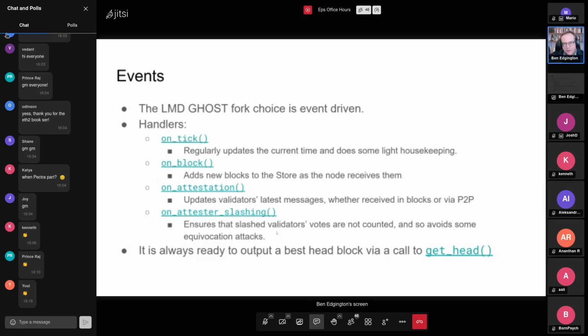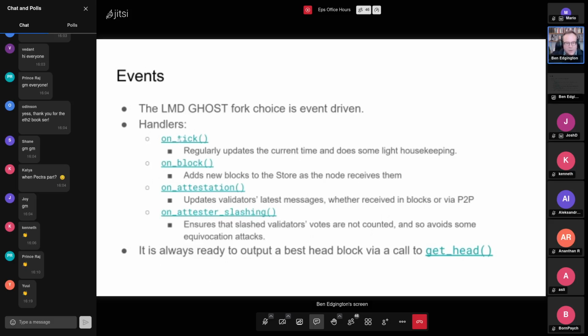So we need to know if they've been slashed and discount their votes. It avoids some attacks where validators can equivocate, they can contradict themselves and make multiple votes. And there's some latency in the slashing, so that deals with that.